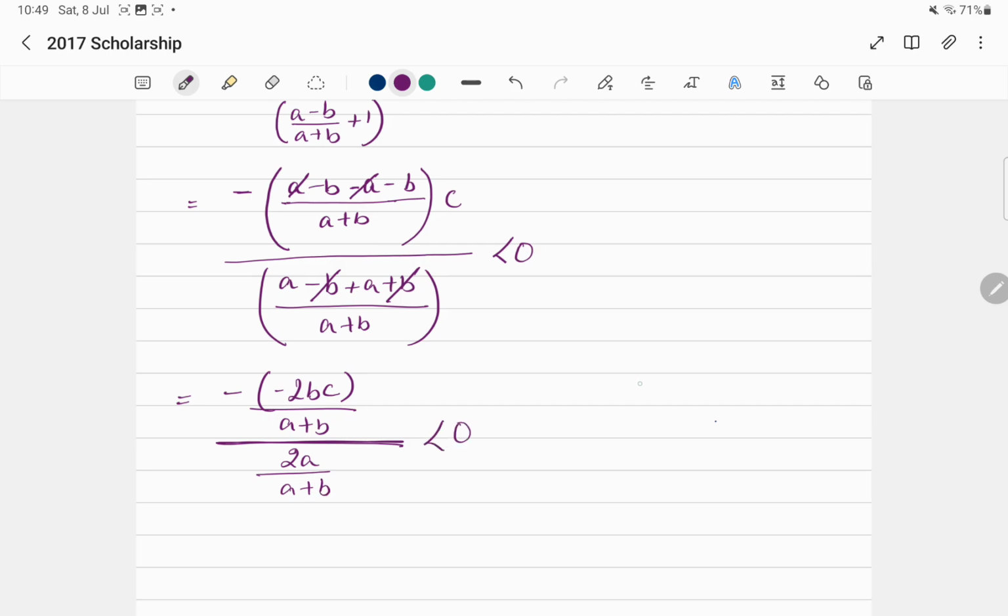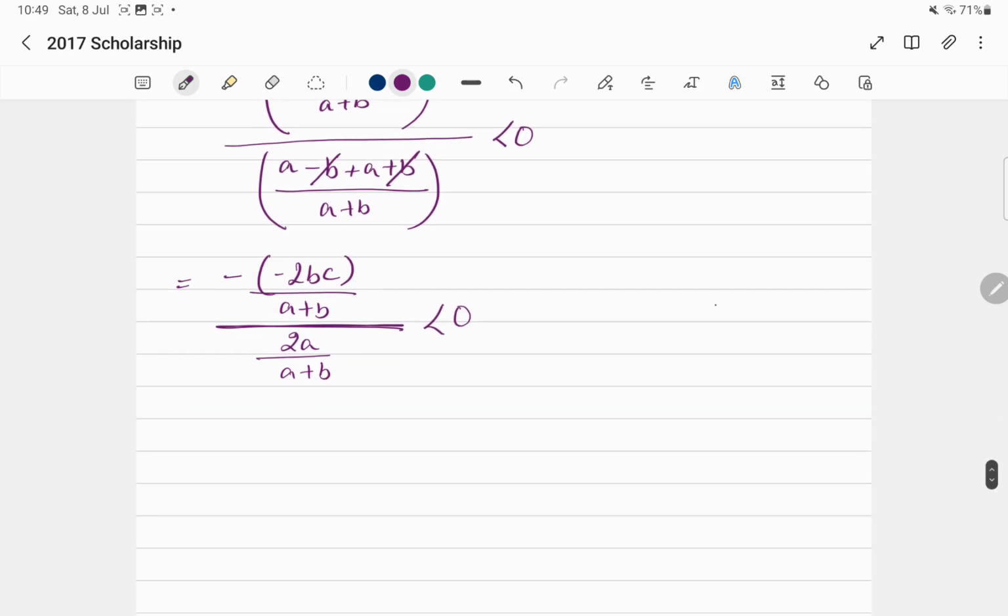Now here it's division, so we can write it as minus minus is plus, 2BC over A plus B times A plus B over 2A. So it's like division. So when you have 1 over 2 divided by, whatever, 5 over 3, it's going to be half times 3 over 5.